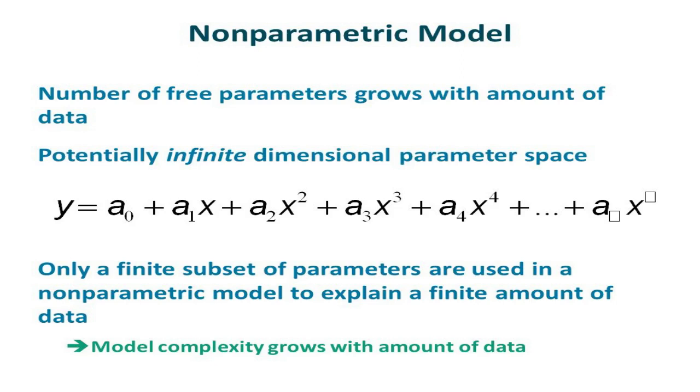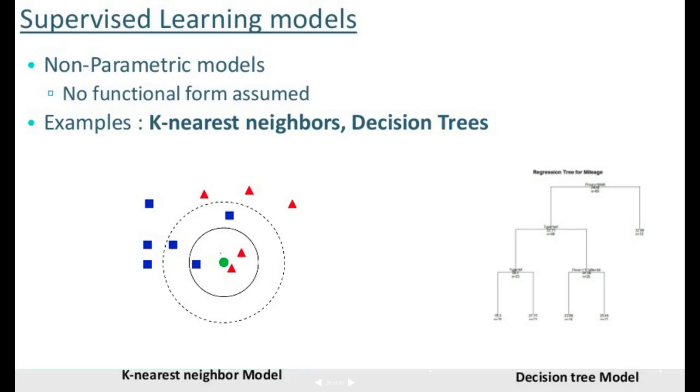Now let me explain the opposite of parametric models, that is, non-parametric models. Algorithms that do not make strong assumptions about the form of the mapping function are called non-parametric machine learning algorithms. By not making assumptions, they are free to learn any functional form from the training data.